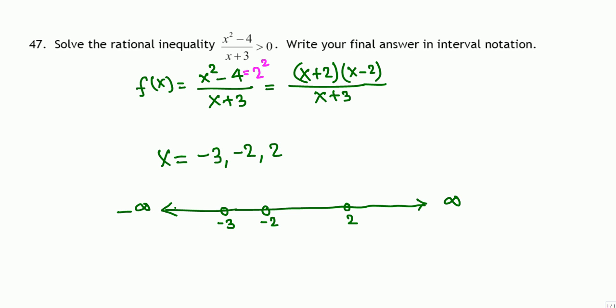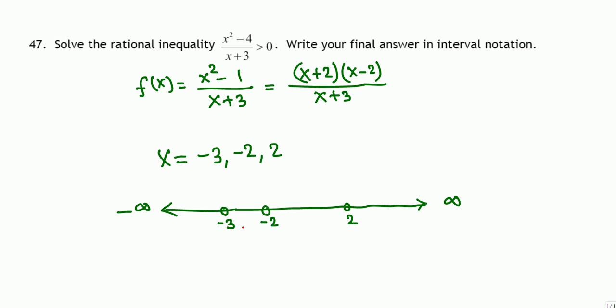Okay, so we have to test 1, 2, 3, 4 intervals. Now we pick a test point or representative from each interval and plug that into this function. Here or here doesn't matter because they are the same thing. We just factor the top here.